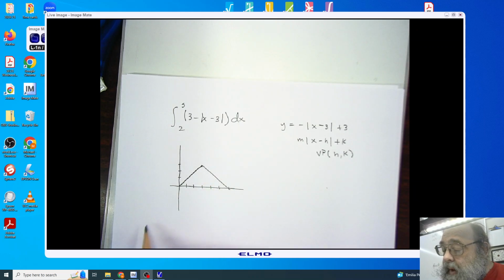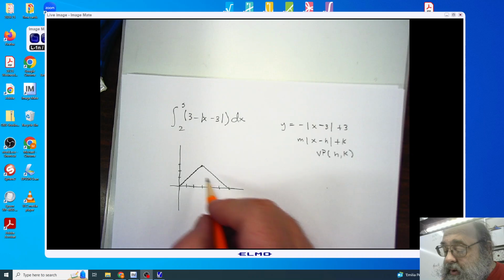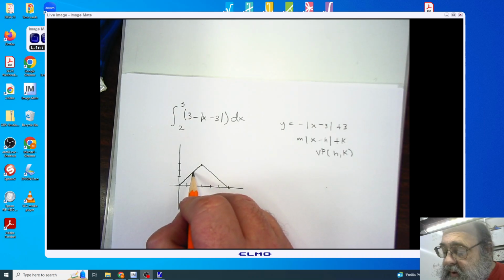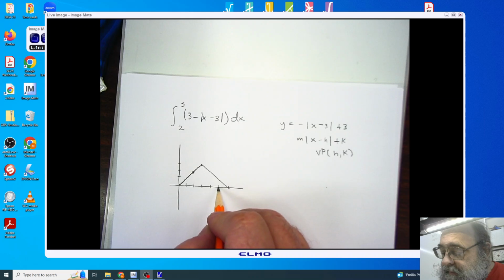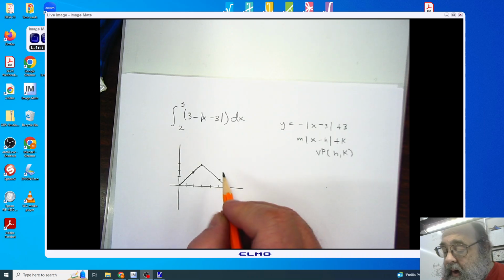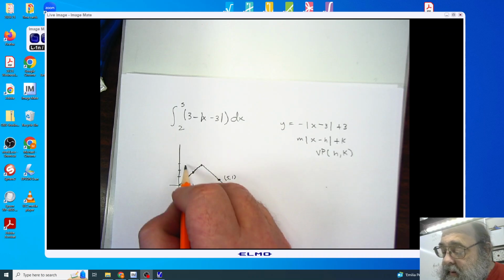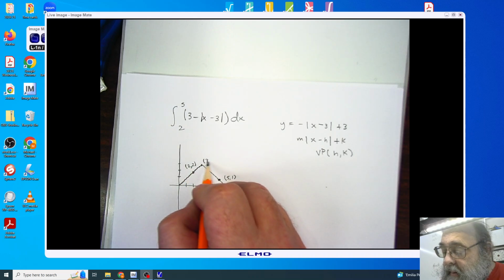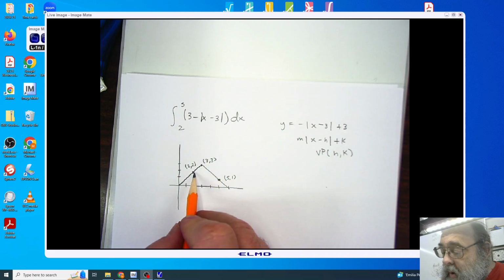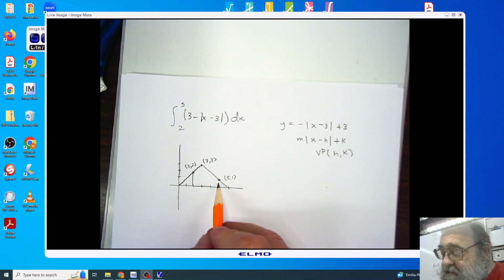Alrighty, here we go. We're now looking at between 2 and 5. So 2 is right here, 5 is over here. And if I were to plot these points, this would be 5, 1, and this would be 2, 2, from 3, 3. Now our goal is to find the area of this figure.